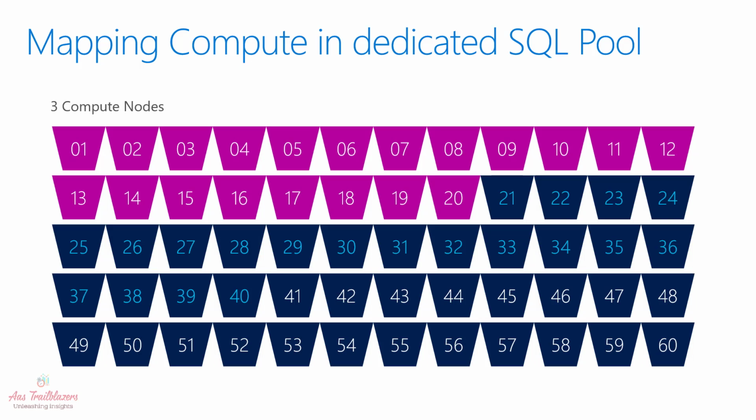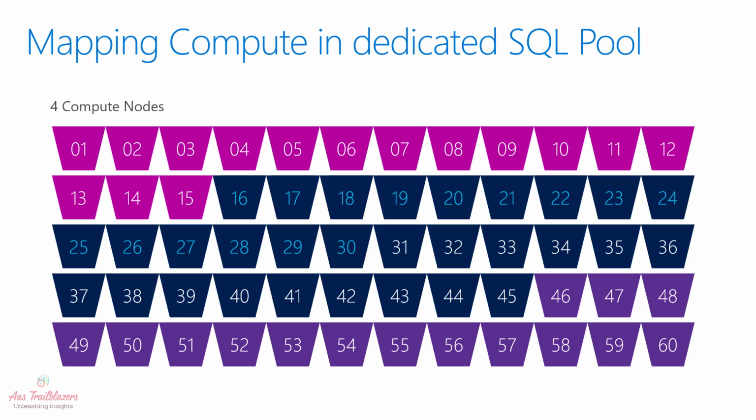And this is how it scales if we have 4 compute nodes. In this case, 15 distributions get assigned to each, and roughly 25% of the data will be processed by one compute node in parallel to the other three in this infrastructure.